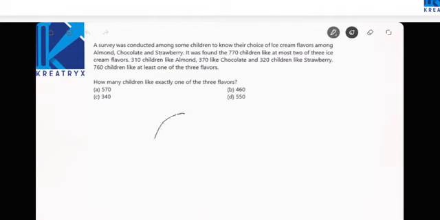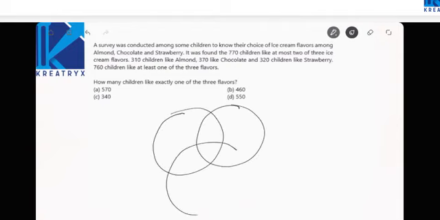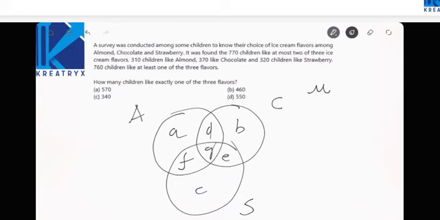So there are three variables. What are the three variables? Almond, chocolate, strawberry, and we don't know the total value mu. Let us consider this value as A, B, C, D, E, F, G. So none is here.